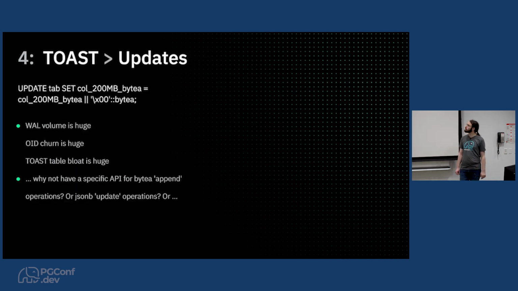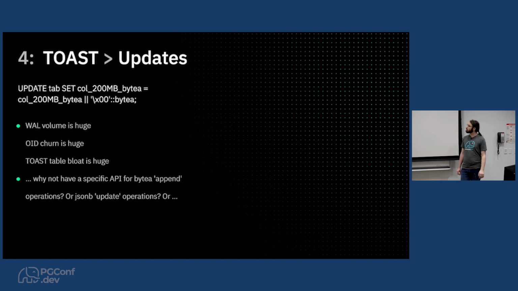If you update a large toasted value, it can create a lot of data because it rewrites the whole value right now. So your WAL volume is huge. Your OID churn is huge at a large size because every value gets a new OID. And the toast table bloat is also huge because you duplicate the value every time you update it.